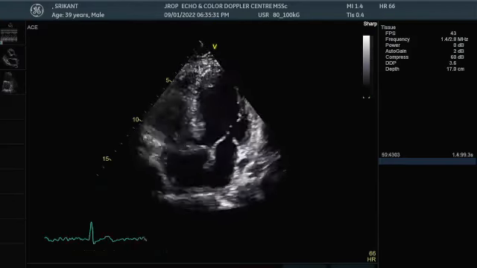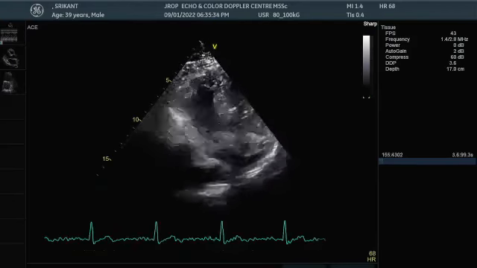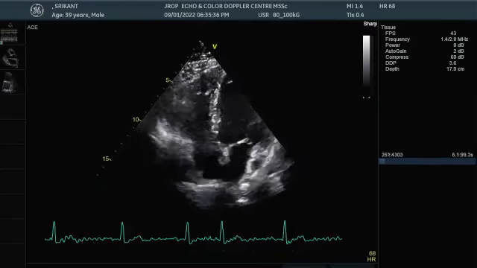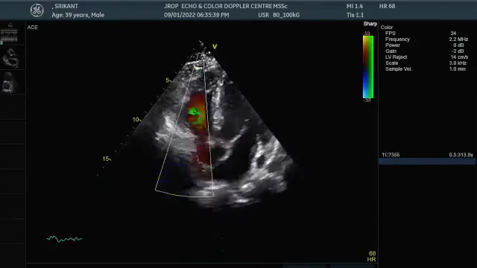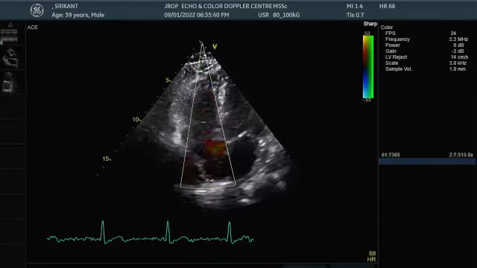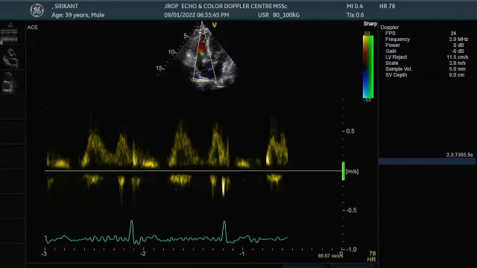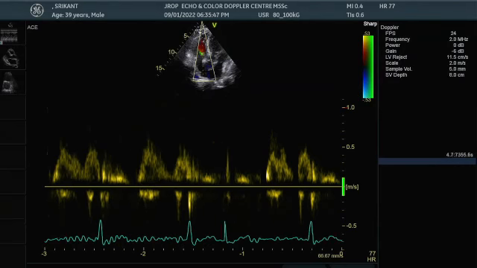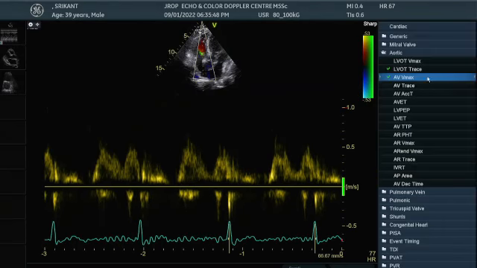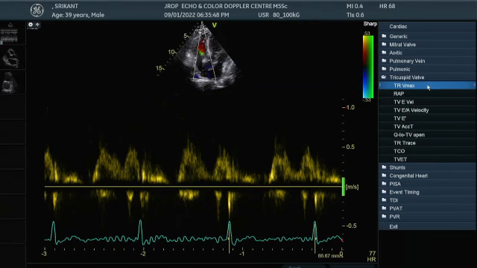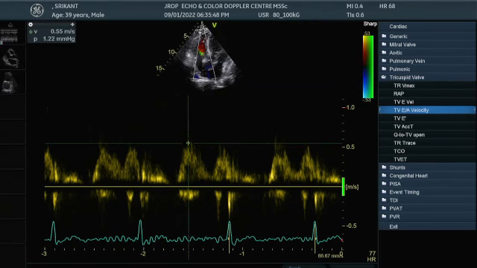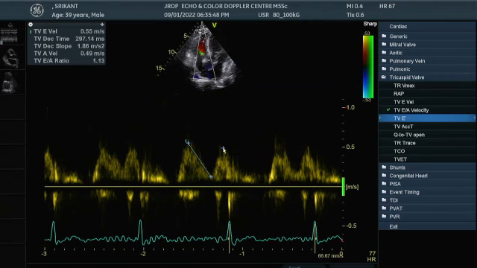Then we move to tricuspid valve, and I'm trying to get the tricuspid valve into the center. This is known as RV-RA focused view. So I'm going to get the RV-RA focused view to bring the tricuspid valve into the center. So this is what tricuspid valve is. I'll measure the same E wave, deceleration time, and the A wave. All three things I'll get in the same fashion as I got from the mitral valve when I was evaluating.